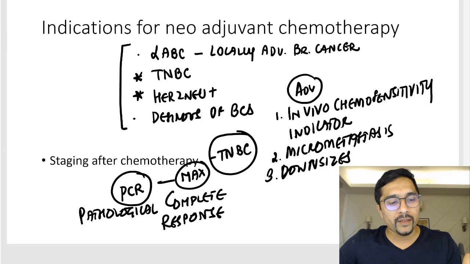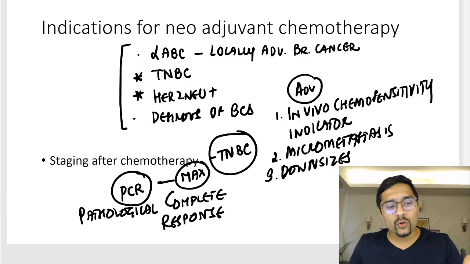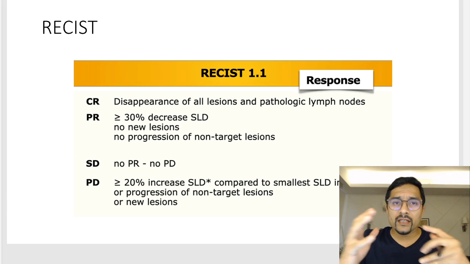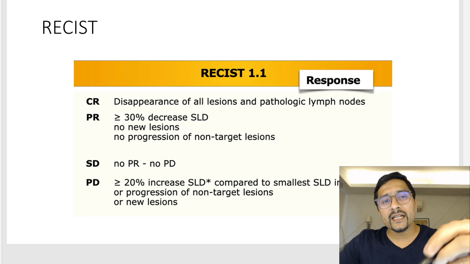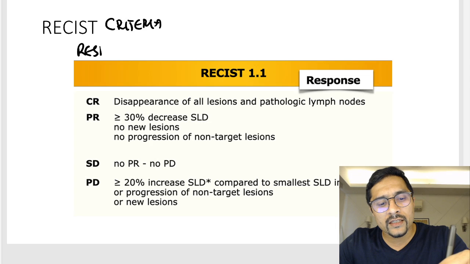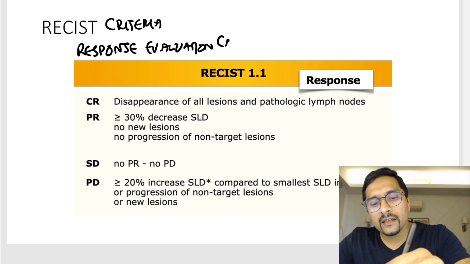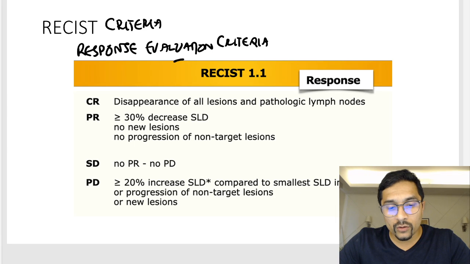Now, once the patient is undergoing chemotherapy, how do we judge the response, whether the tumor has responded or not responded? So this is another update, that is the RECIST criteria. RECIST stands for Response Evaluation Criteria in Solid Tumors.